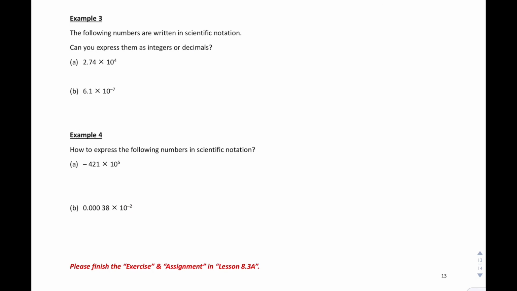Now we try the reverse process. You are given some numbers expressed in scientific notations, and can you express them as integers and or decimals? Let's do some rough work. For part A, you have 2.74, and it is times 10 to the power of 4. That means the decimal place is moved 4 places to the right.